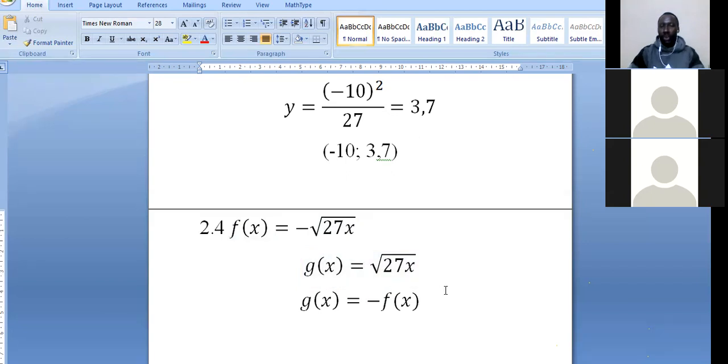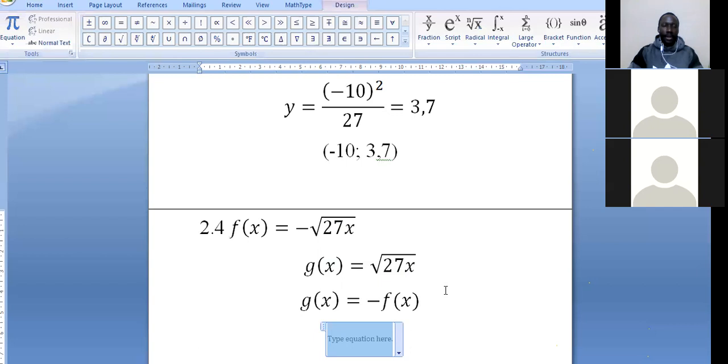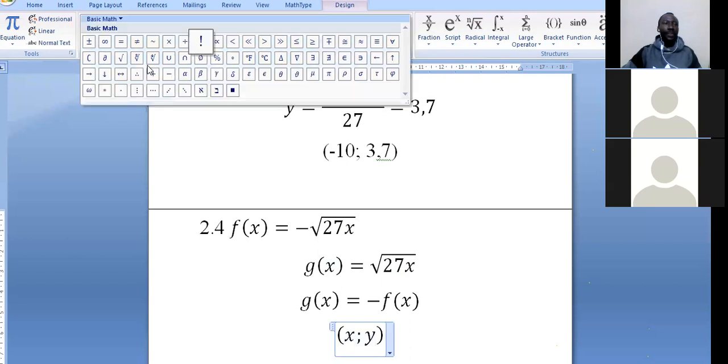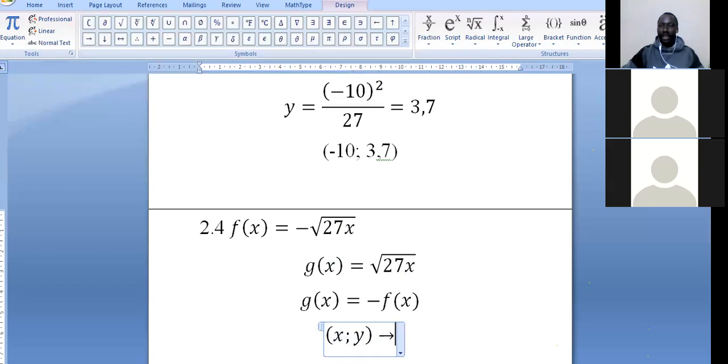So in other words, what you could say is the transformation is such that for x and y, we can use an arrow to indicate the transformation.